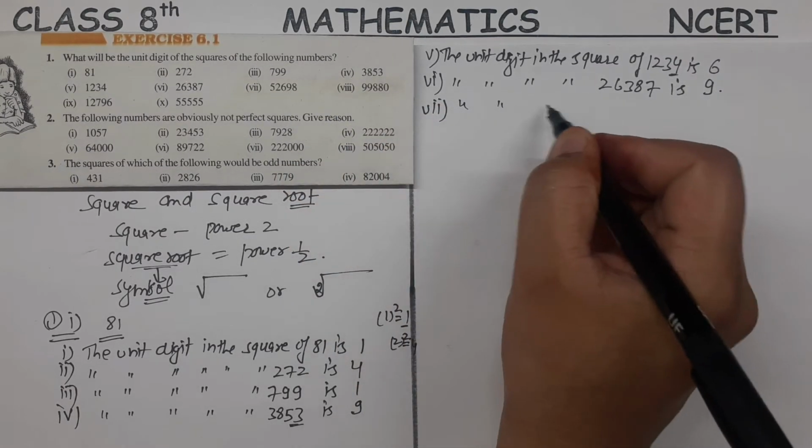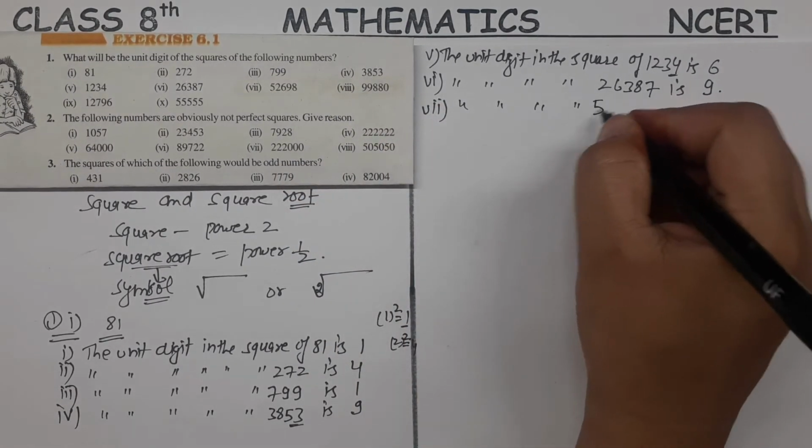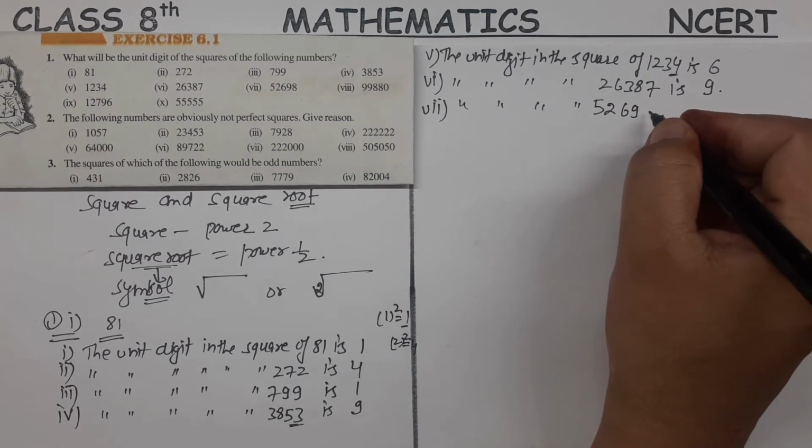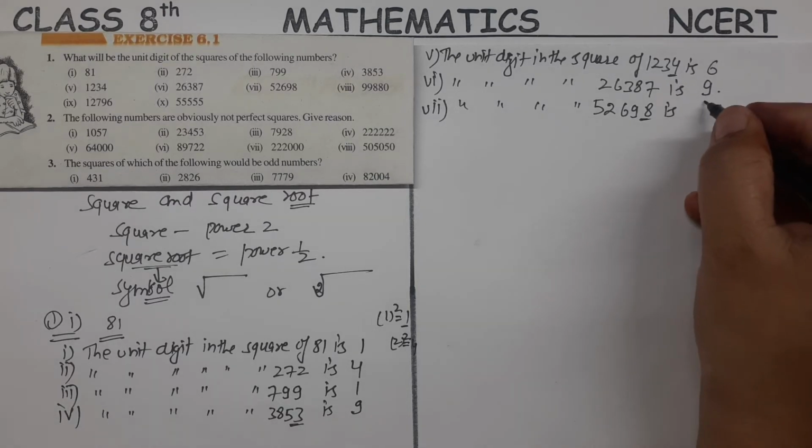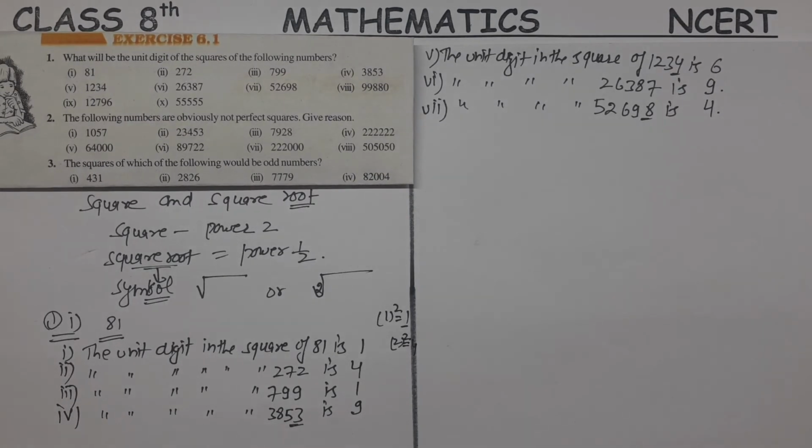Next number, same we will write 52,698. 8 8s are 64. That's why unit digit is 4.